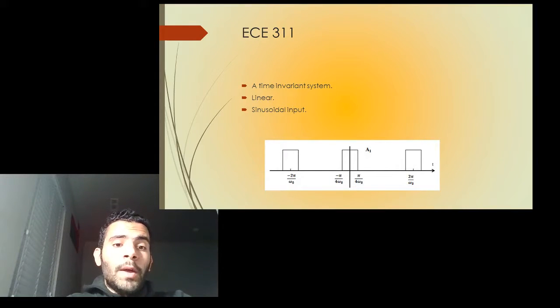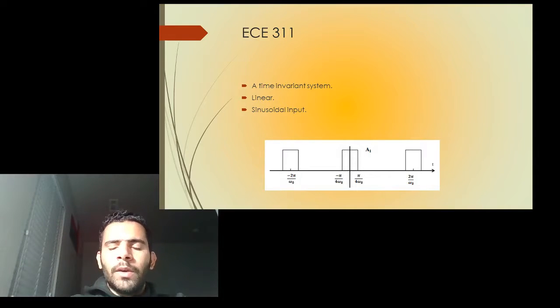So the importance and the significance of 311 comes when we use especially sinusoidal inputs. So for one of the questions we had to use sinusoidal input, and to get the output of the circuit or of the system we had to apply the methods we studied in 311, which is basically Fourier transform.